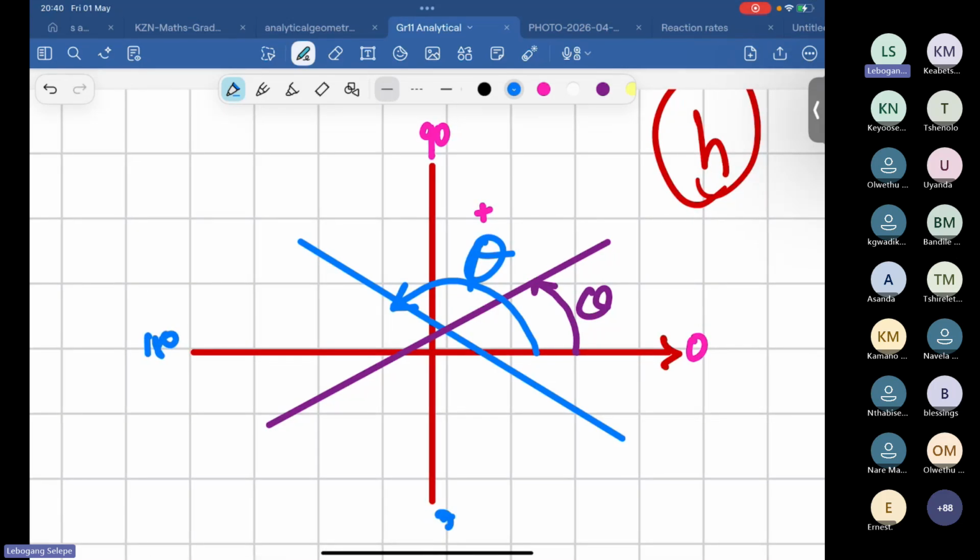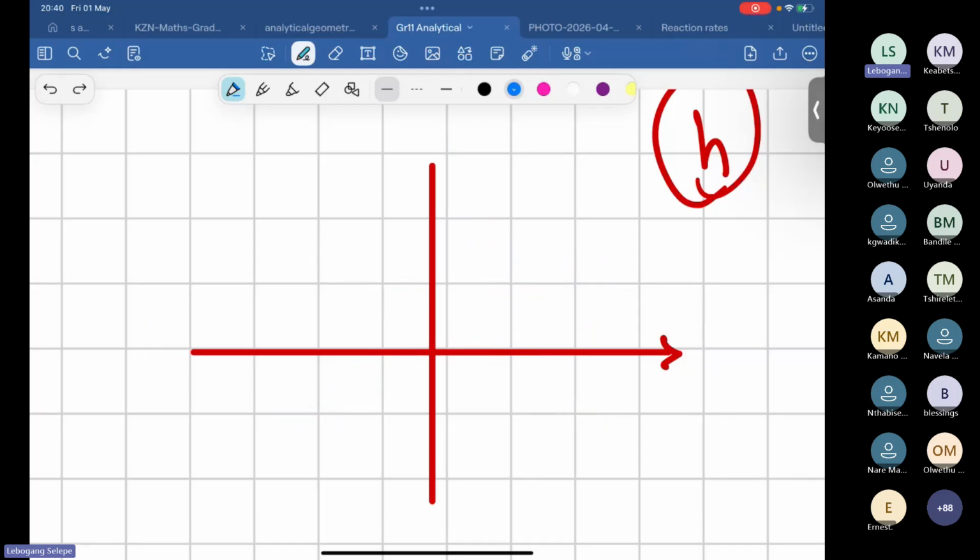If you were to think of your angle of inclination as being in a clockwise direction, this is a negative angle. That would be a negative theta. You will see where this applies when I'm doing calculations with you using tan theta is equal to m, and it would all make sense.